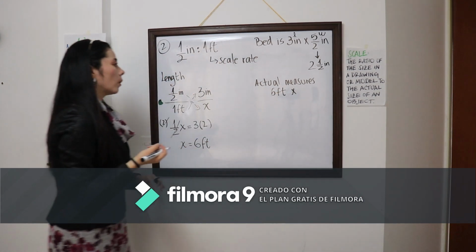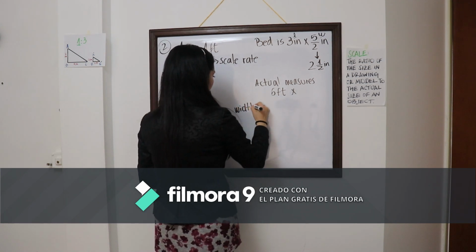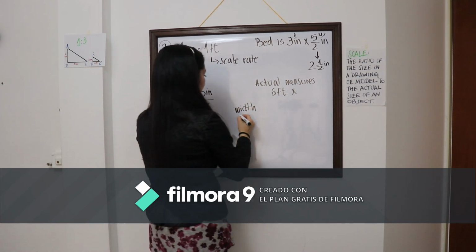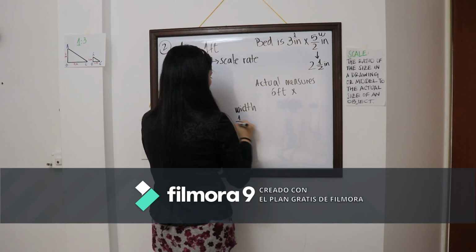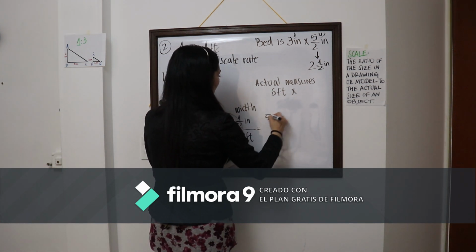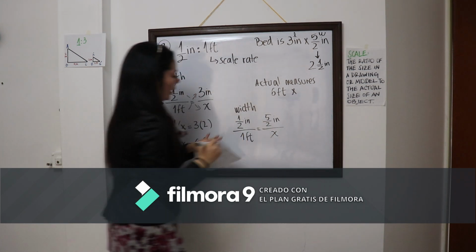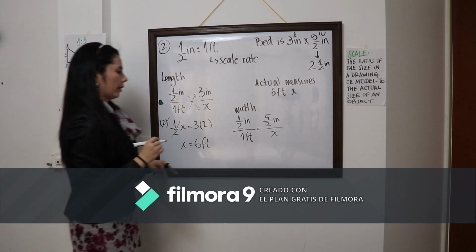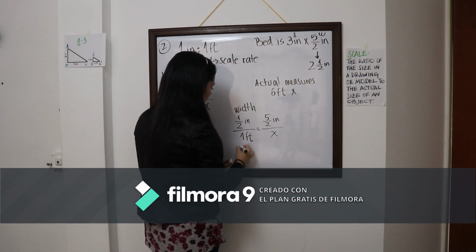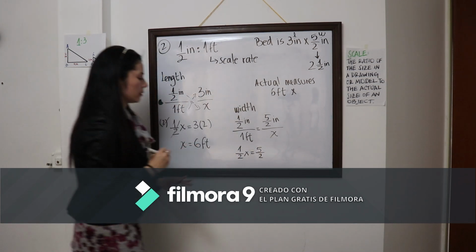okay? And then now we're going to find the width. So the width, again, is going to be, I'm going to use the same scale rate, which is 1/2 inch to 1 foot. It's equivalent to now 5 halves of an inch, and I need to find out what is the measurement there. This simple, we're going to have again 1/2 of x is equal to 5 halves, right?